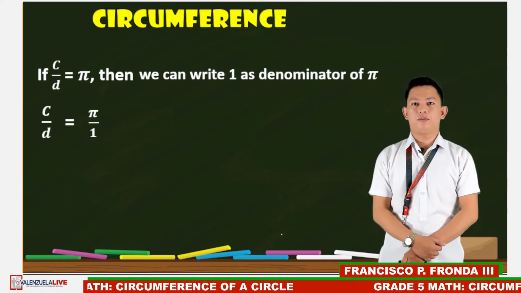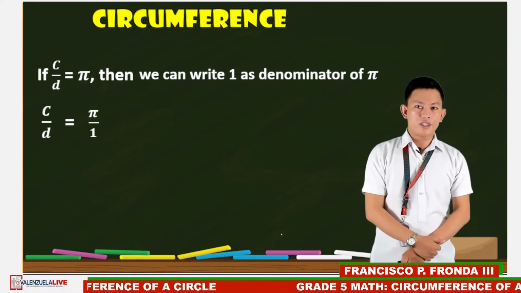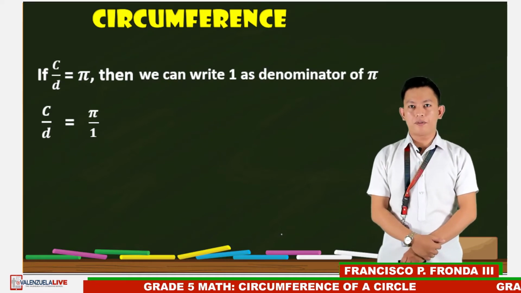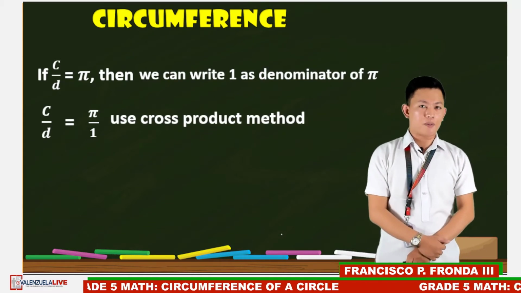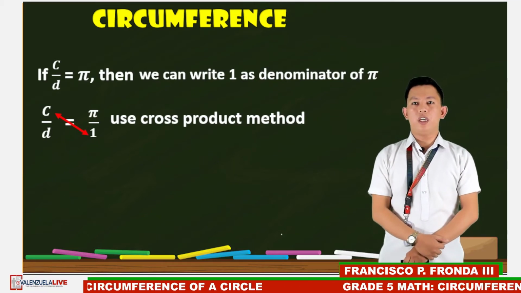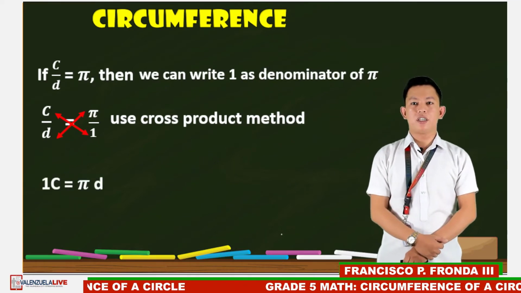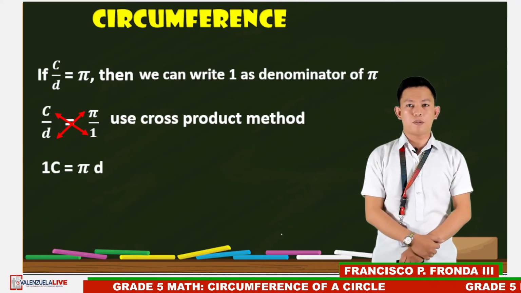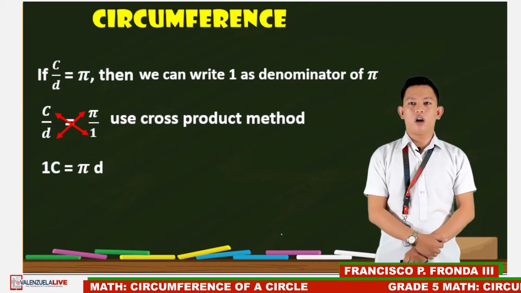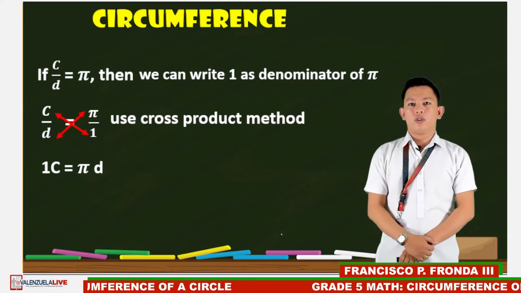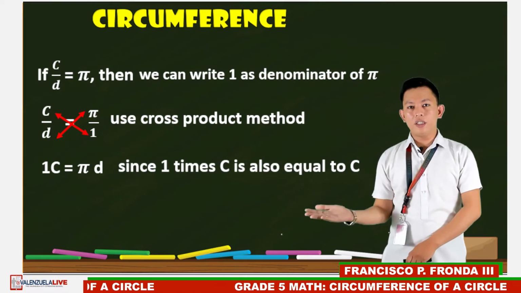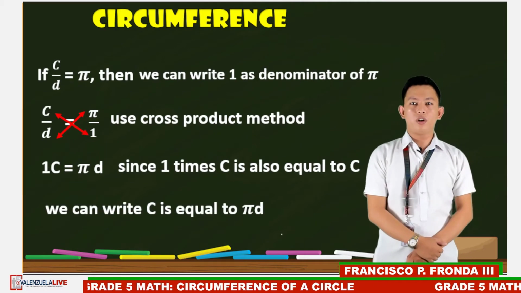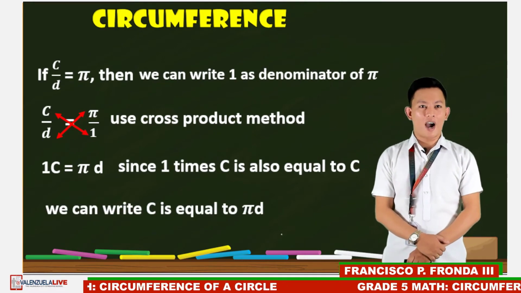So, circumference divided by the diameter is equal to pi over 1. Use the cross product method. C multiplied by 1, the answer is 1C or C. Then D multiplied by pi, the answer is pi D or D pi. Now, in our equation, since 1 times C is equal to C, therefore, C is equal to pi D.